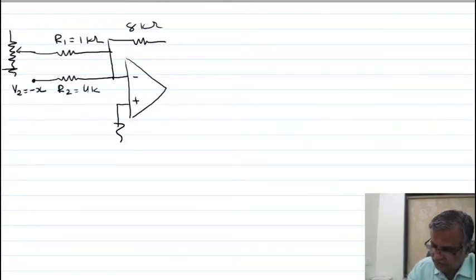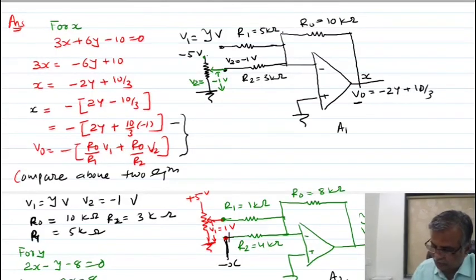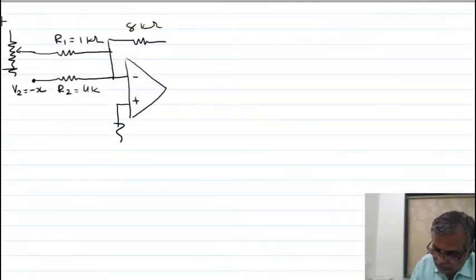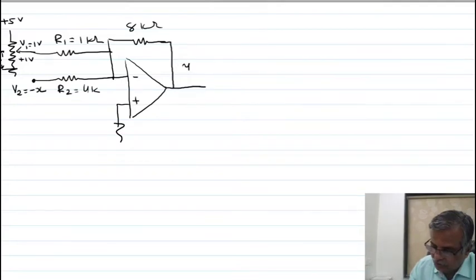See here. Plus y voltage, and here you write plus 1 voltage. This V1 you are getting plus 1. From this to this you will get plus 1. And here you will get your y. Okay. Now this is the second circuit I am showing you.